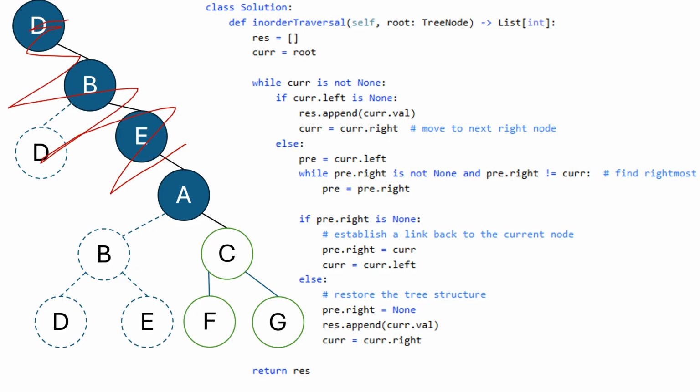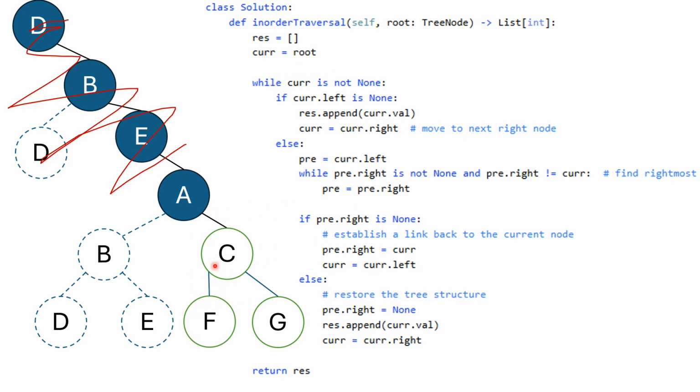And yes, we got our original tree structure back. We actually restored the tree structure. And we continue down to C. Because this is a while loop, it's sort of repeating the same thing.